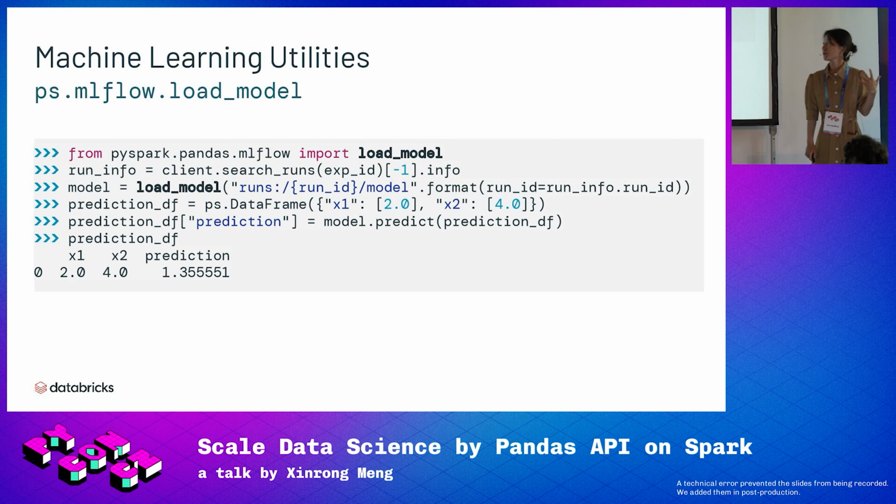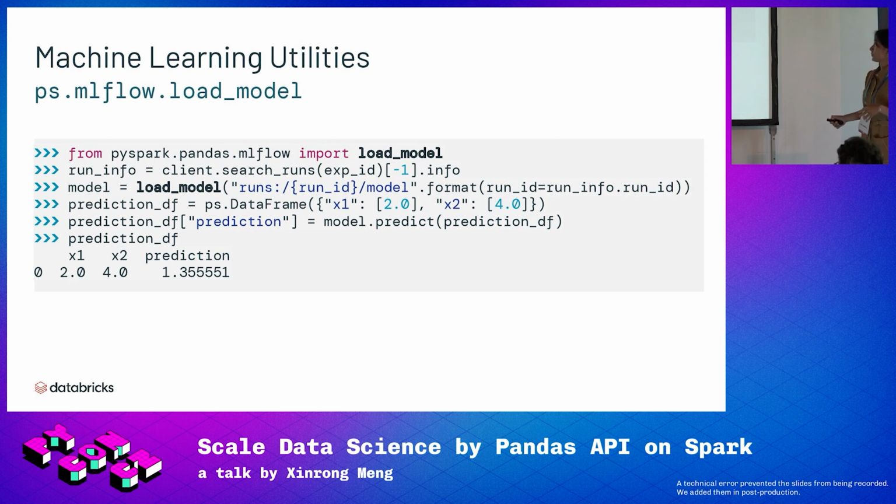And finally, I wanted to mention that Pandas on Spark frames work with MLflow models. In this example, let's assume that we already initialized MLflow, including its client, and we have set up our training data and trained a linear regression model, which takes in values x1 and x2 and predicts a value.